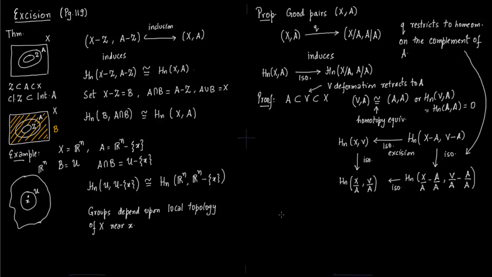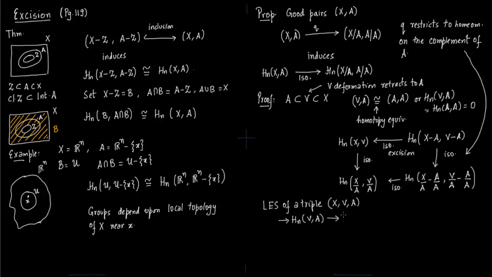So now let us talk about a long exact sequence of this pair. We have a triple (X, V, A). So we want to talk about its long exact sequence.